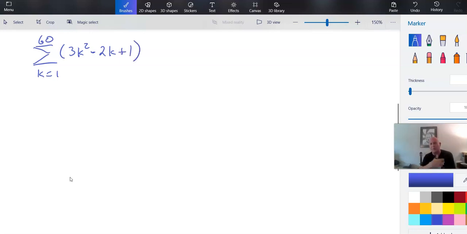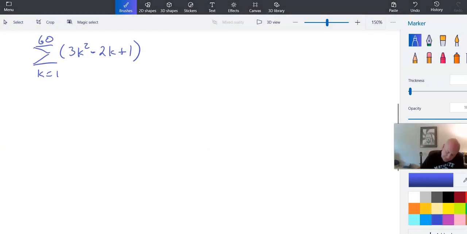Right? So let's see if you can manipulate this so that you can use your formulas and come up with an answer. So take your best stab at it, and then when you either hit a wall or come up with an answer, go ahead and push play again, and we'll take a look at the solution.